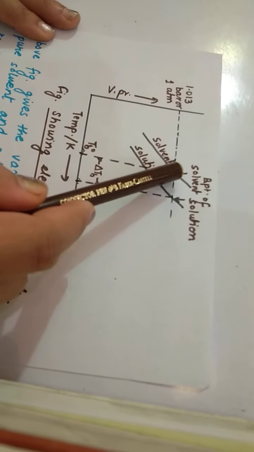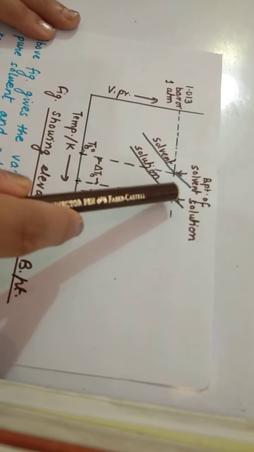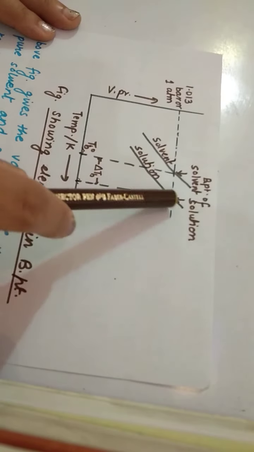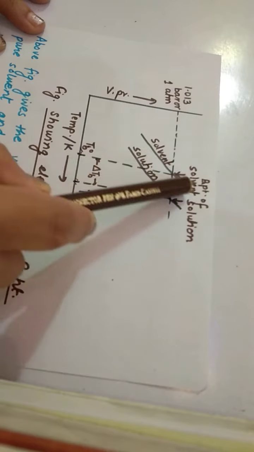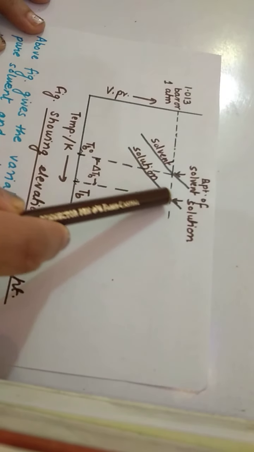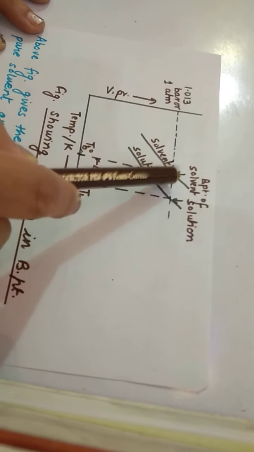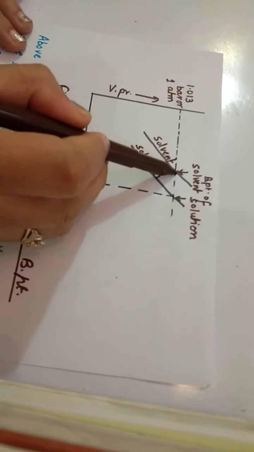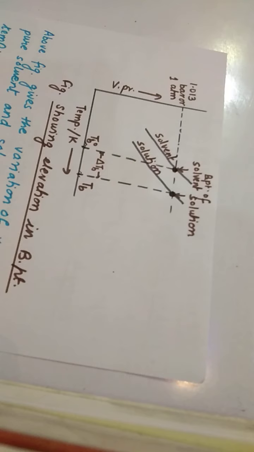If you extend this line, then at the point where it meets, you draw a line like this, and at the point of meeting of this line and this line, again you draw a line like this. This point is the boiling point of the solvent, and this point is the boiling point of the solution where they meet.